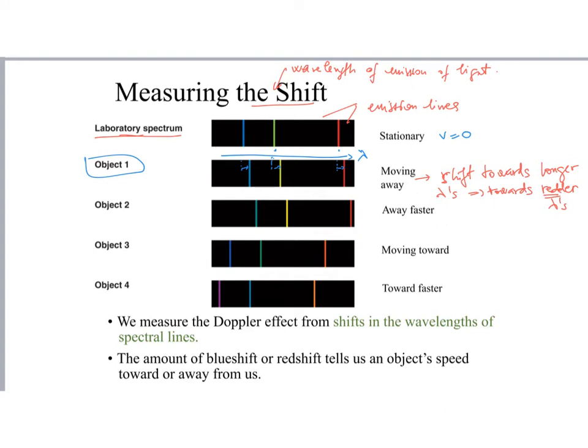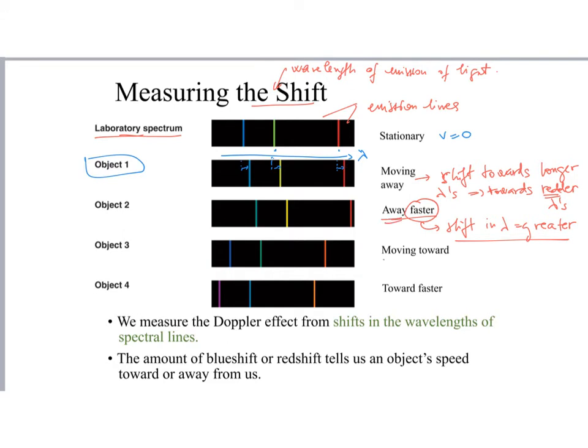The red is towards the longer wavelengths. Okay, how about faster? That means the shift in wavelength is greater. So basically, the greater the shift in the wavelength is, the faster that object is moving away from us.